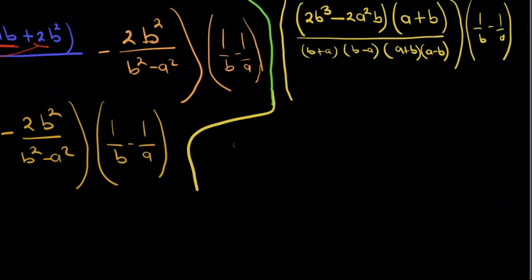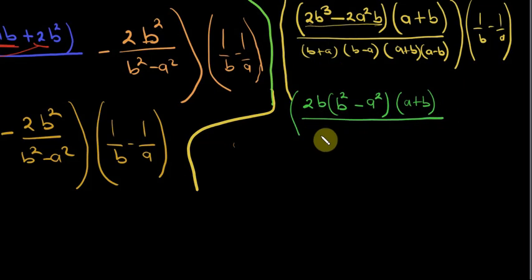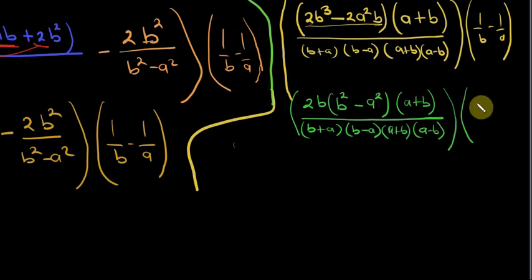We can still factorize this one further. Factorizing 2 and b, 2b, this becomes b squared minus a squared multiplied by a plus b, divided by b plus a multiplied by b minus a multiplied by a plus b multiplied by a minus b, multiplied by 1 over b minus 1 over a.